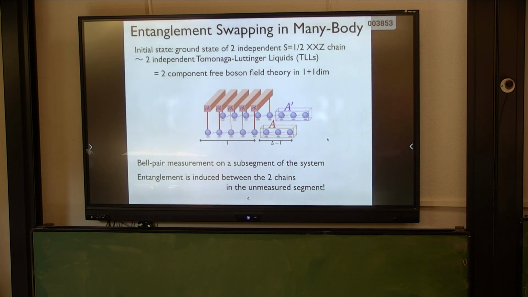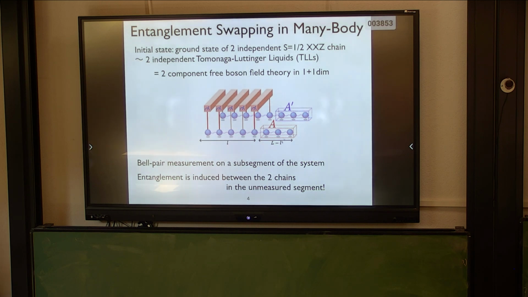This happens because in the initial state each chain was in the ground state. So the unmeasured region spins were initially entangled with the spins in the measured region. Likewise, these spins, denoted as A prime in this figure, were entangled with spins to the left.